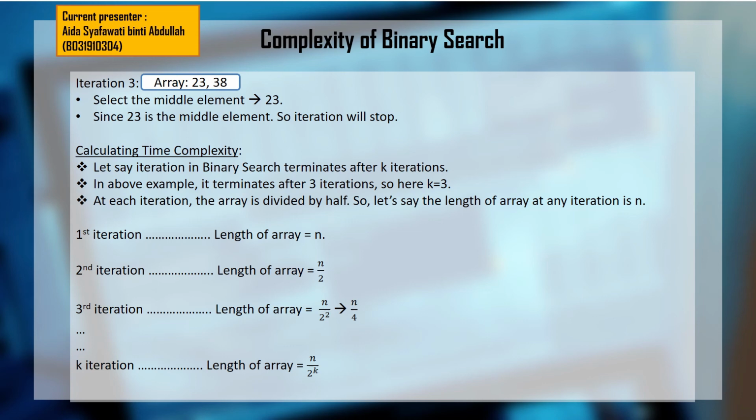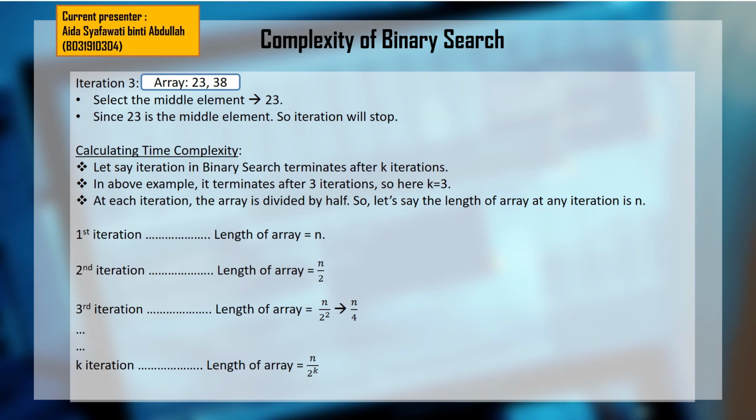So to calculate the time complexity, let's say the iteration in binary search terminates after k iterations. In the above example, it terminates after 3 iterations. So here, k equals 3. At each iteration, the array is divided by half. So let's say the length of the array at any iteration is n.